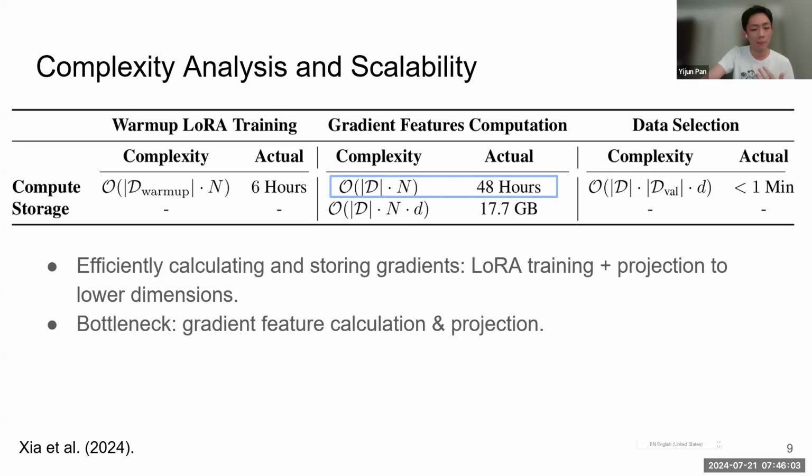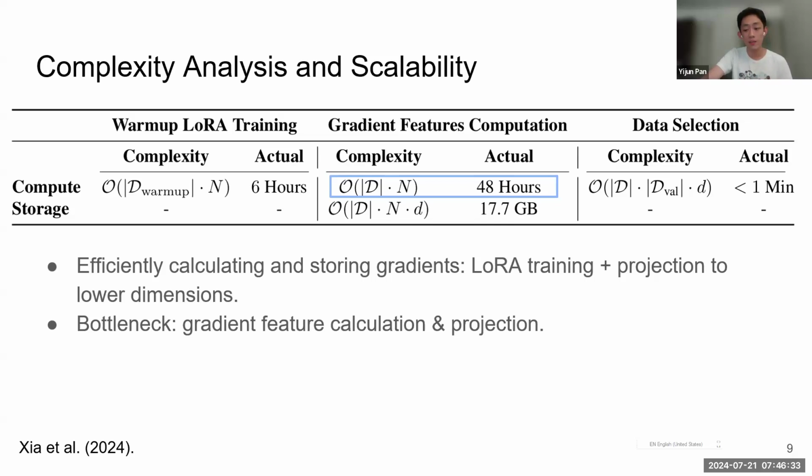And the bottleneck of the algorithm is actually the computing of the training gradients, which takes time that is equivalent to n epochs of fine-tuning. And comparing to other attribution, this method scales greatly to large language models in terms of time. And also, because we're considering a training gradient database, storage actually becomes a problem.